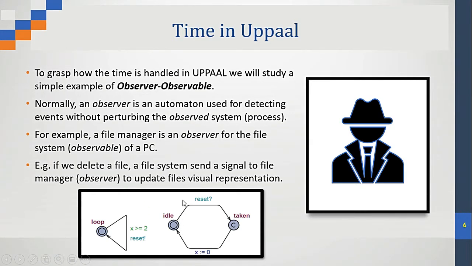We have the observer, and this is the observables, which can be any other application. In the observables we just add a loop, and once the clock is reset, that means something is happening, so the observer should detect that. Let's see this one by one.